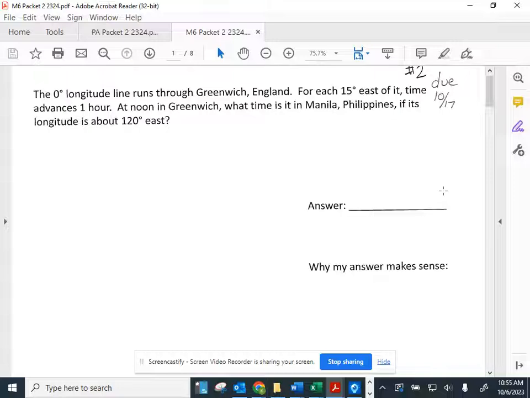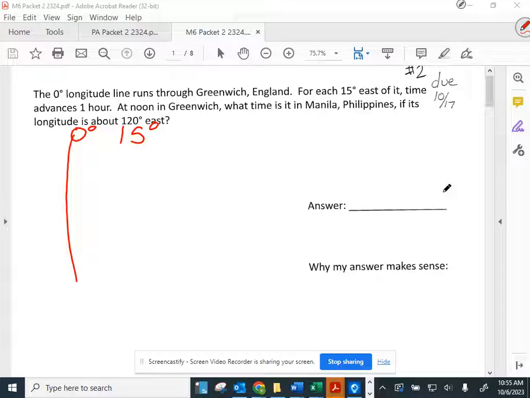Our first page: the 0-degree longitude line on our globe runs through Greenwich, England. So that's at 0 degrees. For each 15 degrees east of it, it advances 1 hour.